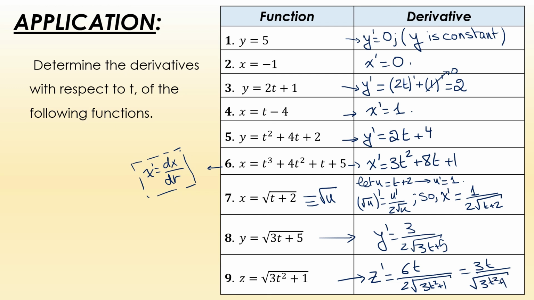Okay, so you try to do this on your own. In case you have any question, that question might be, what did we use for this equation? Simply I said z equals square root of u, where u equals 3t squared plus 1. In the equation, which is u prime over 2 radical u as derivative, u prime is the derivative of this part, and it is directly 6t. Okay?